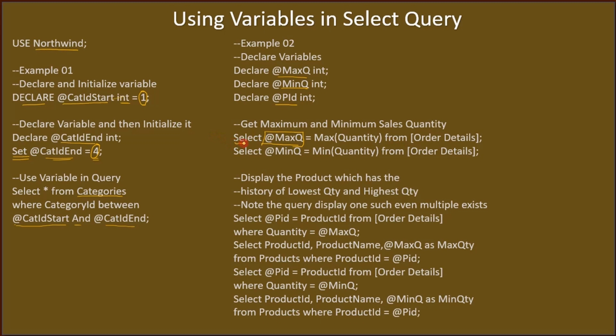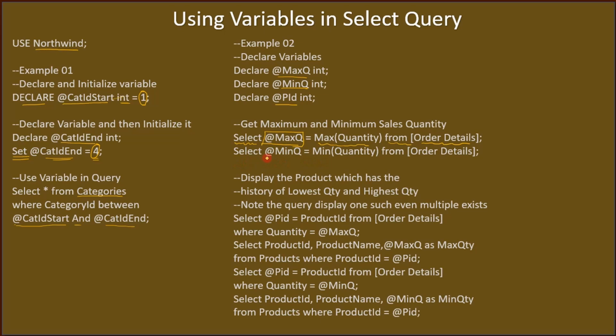So this is simply a select statement from order detail, and we know that this is an aggregate query and it will return the maximum of quantity from order detail, and the maximum quantity is assigned here.